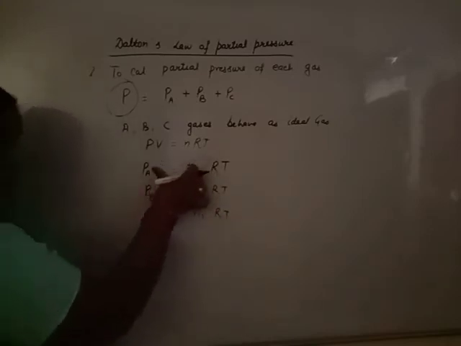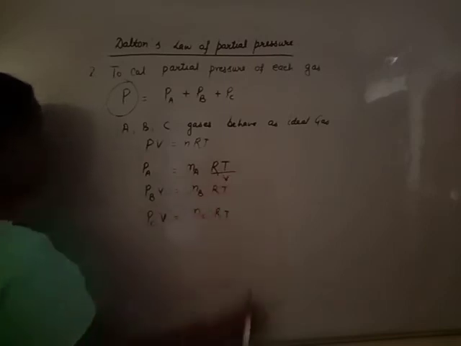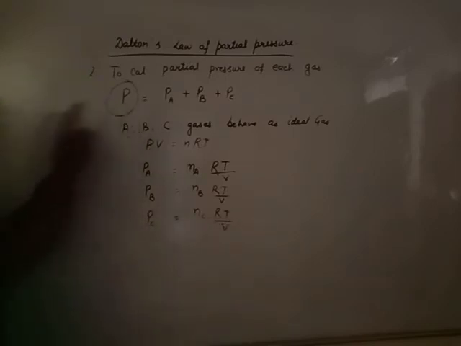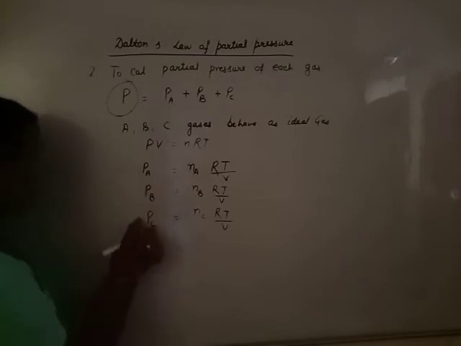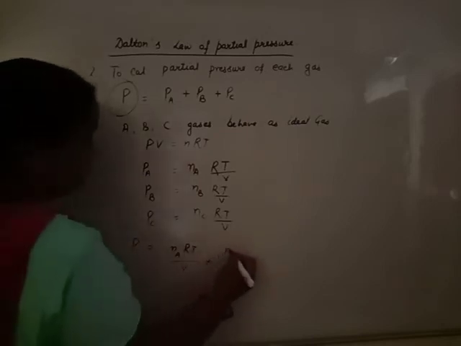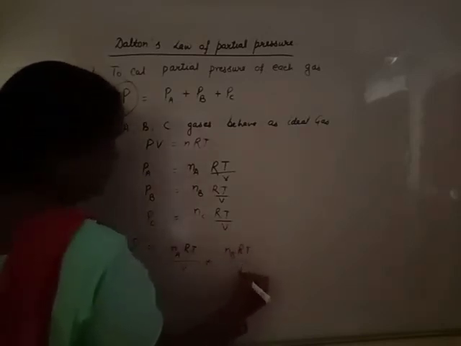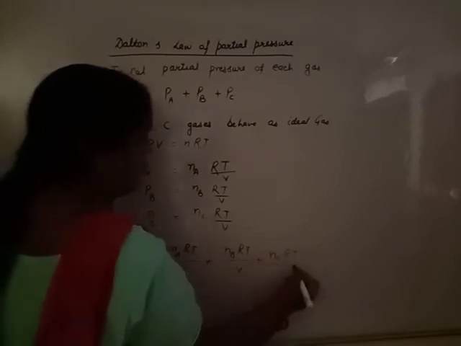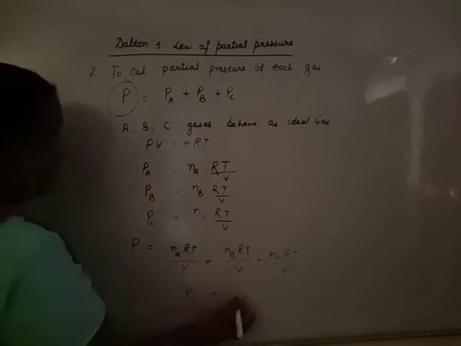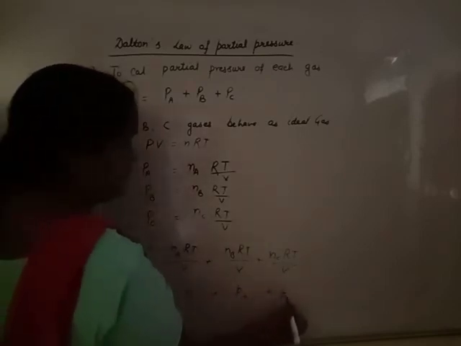We replace V here; by cross multiplication, it is RT upon V. The total gaseous mixture contains the partial pressure of each gas, that is nA RT upon V, plus nB RT over V, plus nC RT over V. Clear? It is P1, it is P2, it is P3.